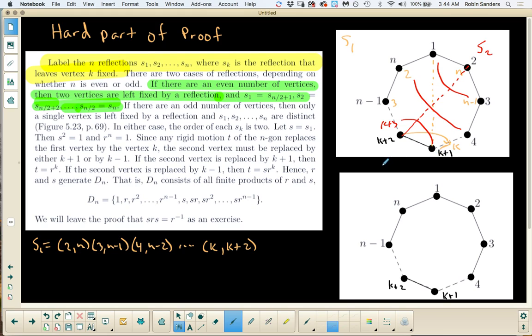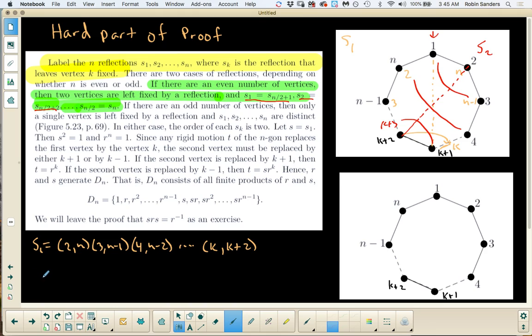And so it's important to realize that when the author is talking about S1 is equal to S of n divided by 2 plus 1, that's the orange things over here. And when the author is talking about S2 is equal to this guy, that's the red line. And so on and so forth. Now, that obviously only takes care of half of the reflections, and the author does not mention that.